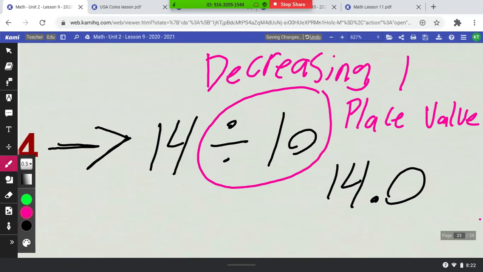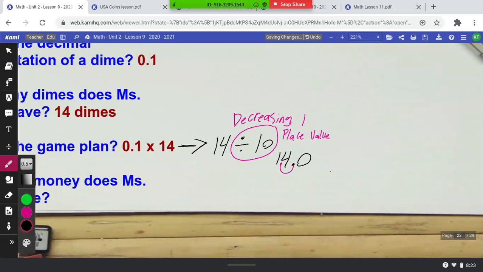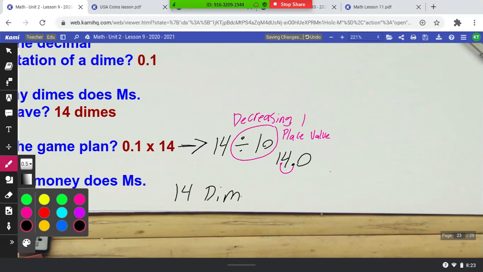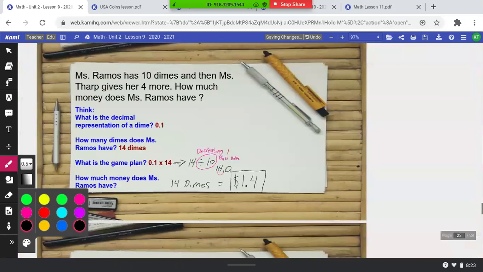That's not decreasing. I'm going to move it, boom. That's where I'm going to move it. So 14 dimes equals $1.40. I will say it again. 14 dimes equals $1.40.